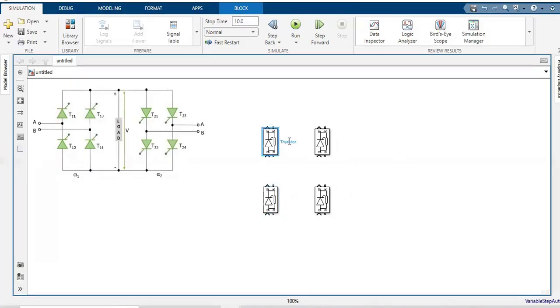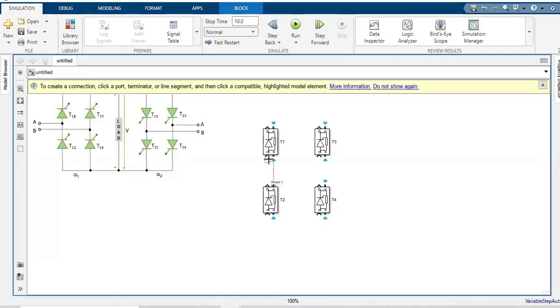Let us name the switches thyristor 1, V3, V2, and D4. So the thyristors are connected to form the bridge.